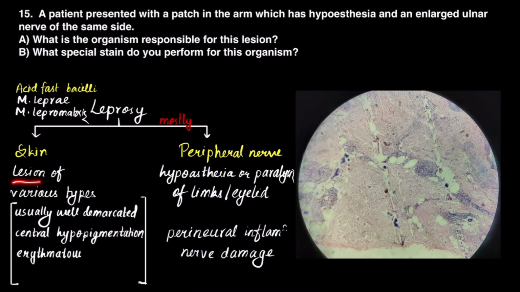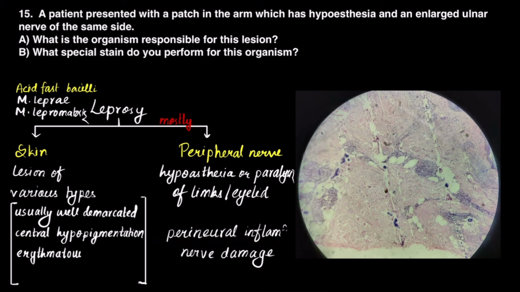In skin, lesions of various types are seen, that is, patches. These patches are usually well demarcated, that is, they have a proper boundary, central hypopigmentation, and are erythematous or slightly red due to vasodilation.